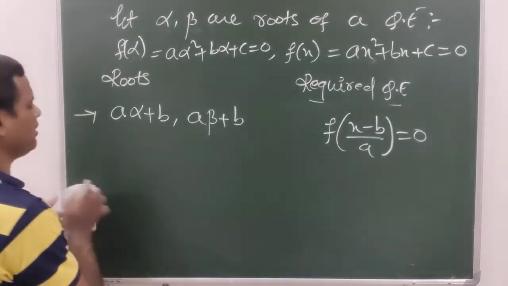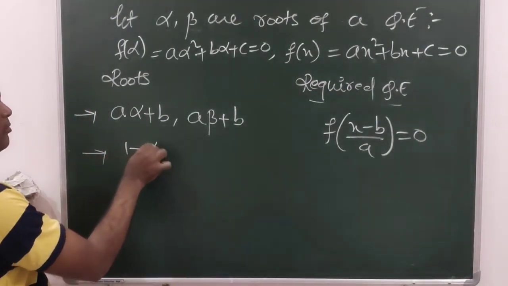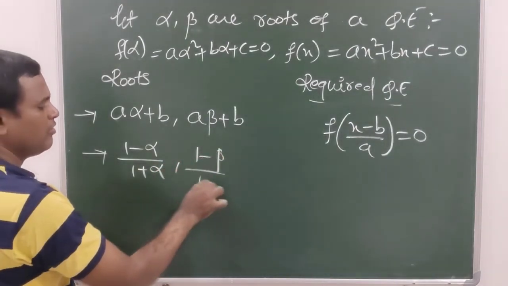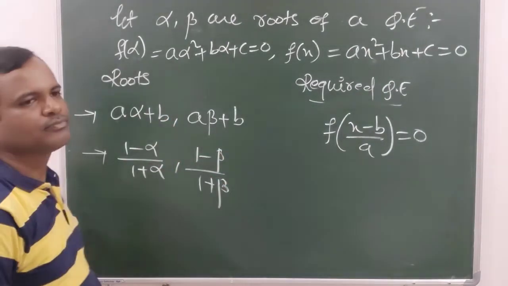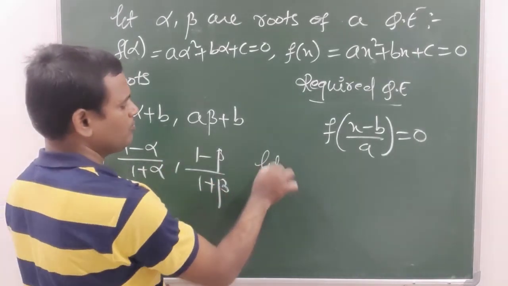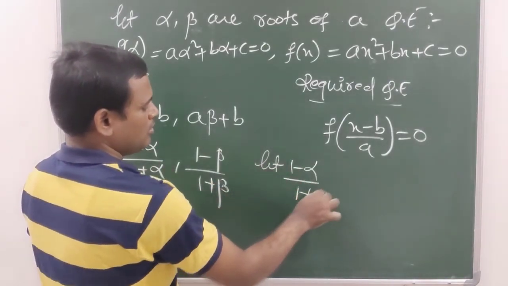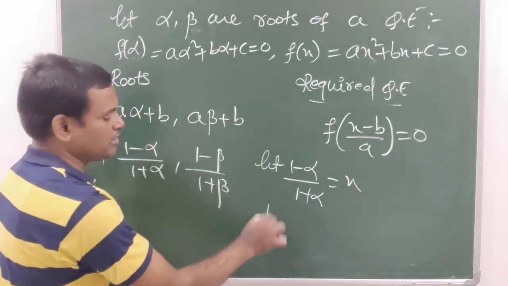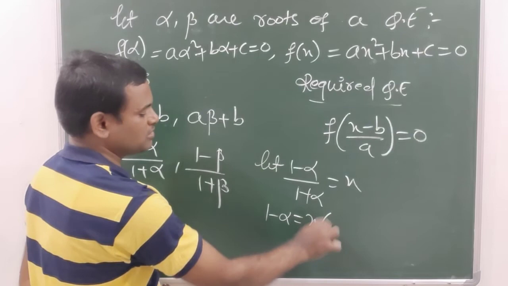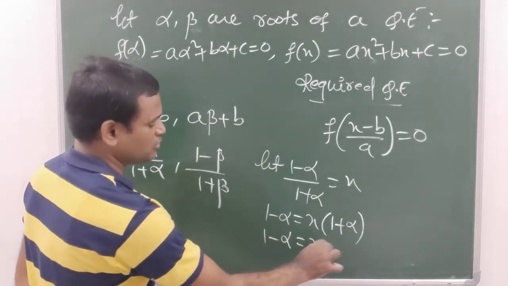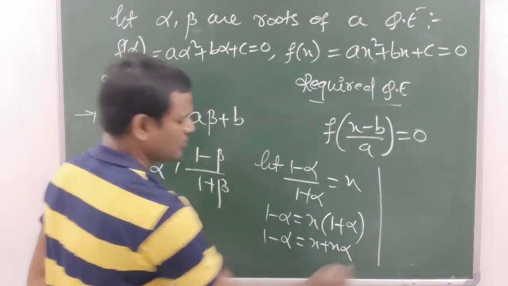Next, find a quadratic equation whose roots are 1 minus alpha by 1 plus alpha, 1 minus beta by 1 plus beta. So same procedure. Consider this one is equal to x. Okay. Make alpha the subject. 1 minus alpha is equal to x of 1 plus alpha. 1 minus alpha is equal to x plus x alpha.